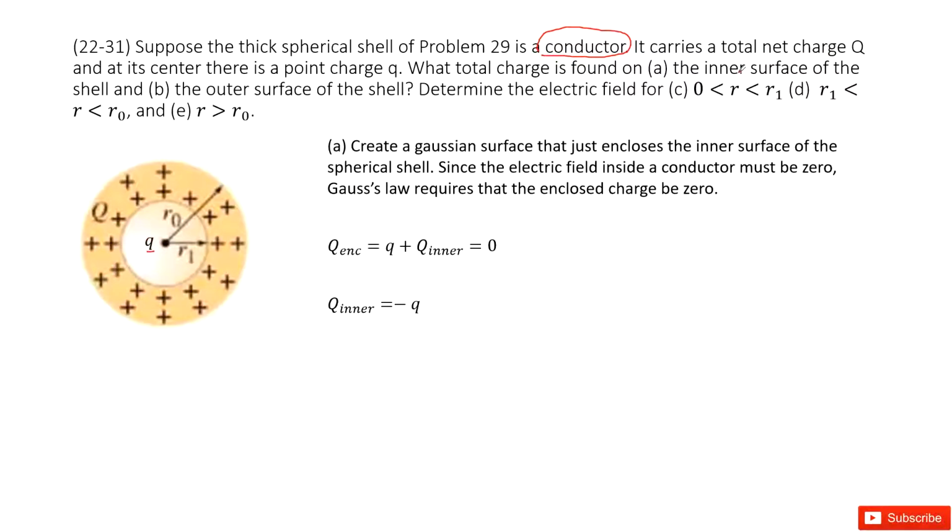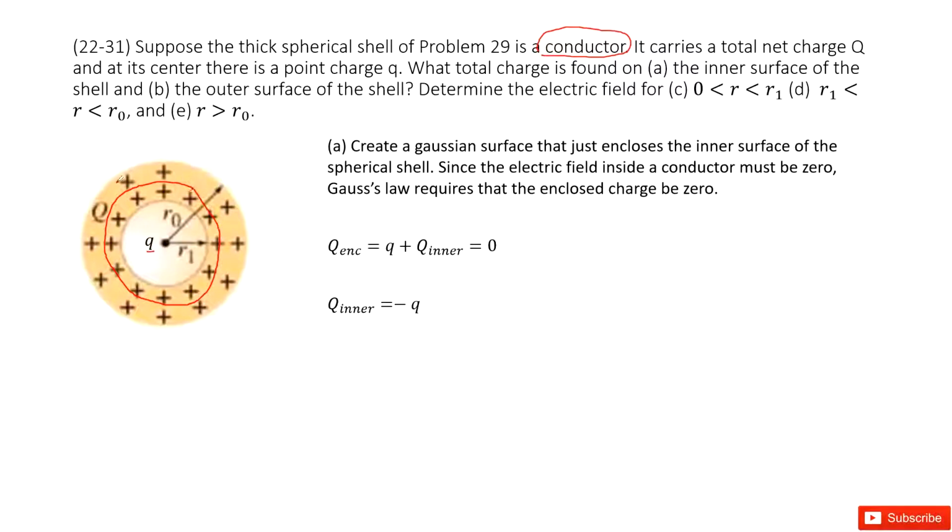We need to find the charge on the inner surface of the shell. As this is a conductor, if we consider the electric field inside the shell, we know the electric field must be zero, right?